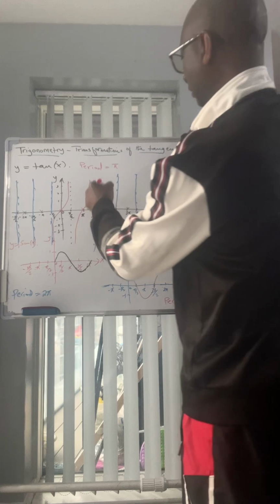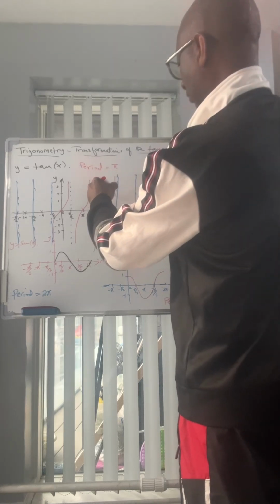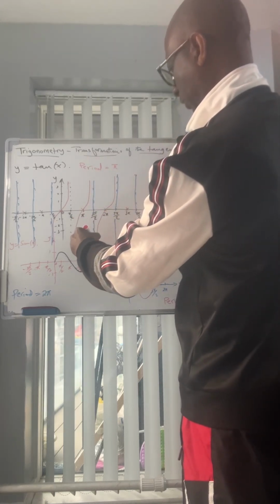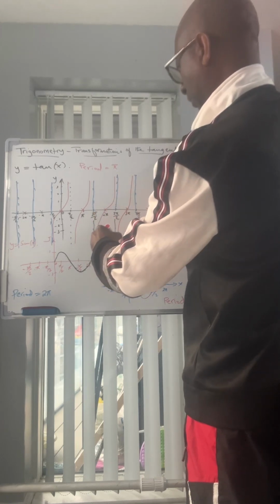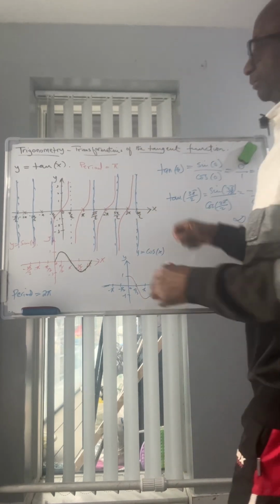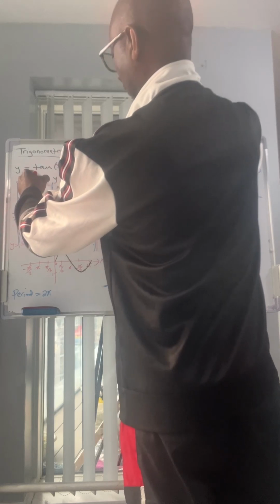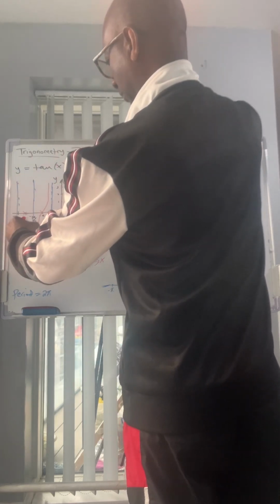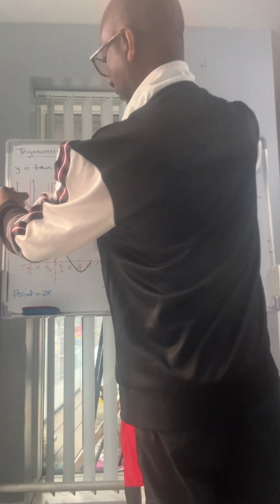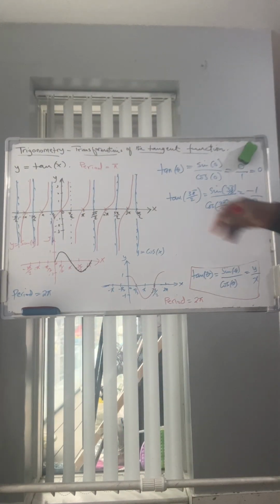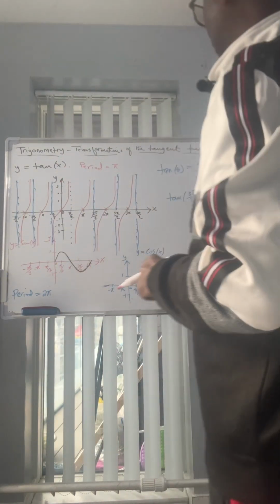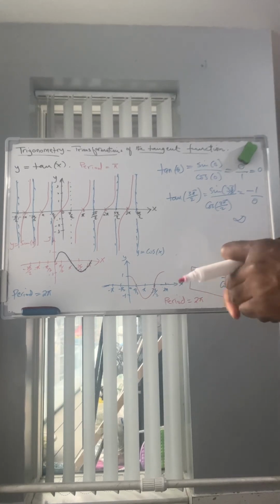So here again, it will never touch this blue line. Go like this, S shape, it will never touch the blue line. So that is the graph of y equals tan theta.